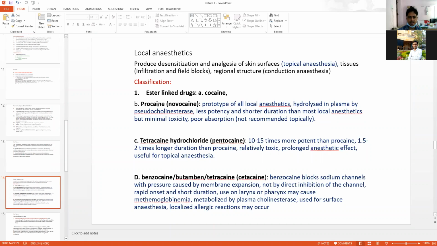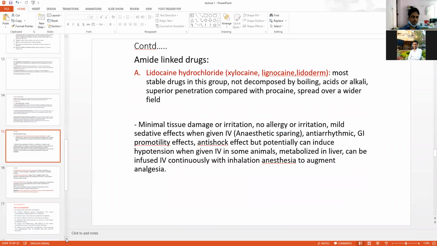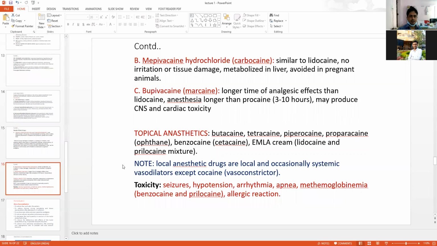Ester-linked local anesthetics are procaine, tetracaine, benzocaine, and amide-linked anesthetics, which we most commonly use in our clinics and routine practice, are lidocaine, lignocaine. So you have to remember at least the names of these anesthetics. In continuation, amide-linked: mepivacaine, bupivacaine. These are the different anesthetics.